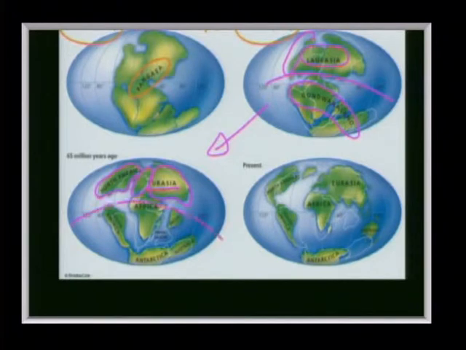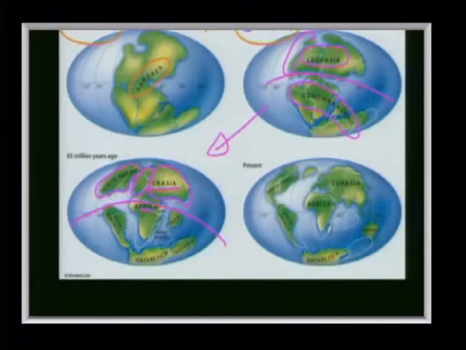And then if you look at the bottom section, you can see Africa has now separated from South America, which was all together 135 million years ago, when we had them all together as Gondwana land. And then, of course, we have our present distribution of the land masses as we know them: North America, South America, Antarctica. And then we have Africa, Europe, Asia, and then Australia. So that is the present arrangement.